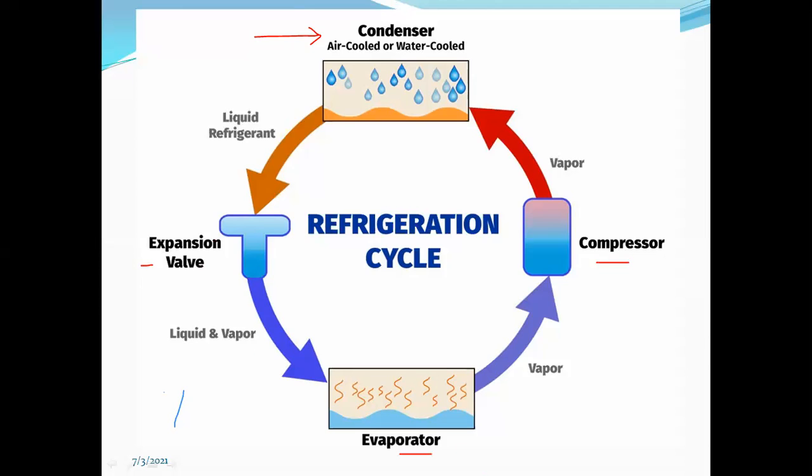If we start from the condenser, the condenser works to condense the liquid. That is, whatever air or gas is inside the condenser is cooled, or whatever water is there is cooled inside the condenser. So the basic thing here is the conversion of one state of matter to another state.